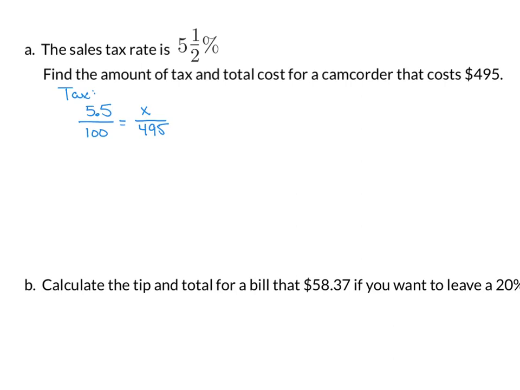All right, from here we want to go ahead and cross multiply. We get 100x equals 2722.5.